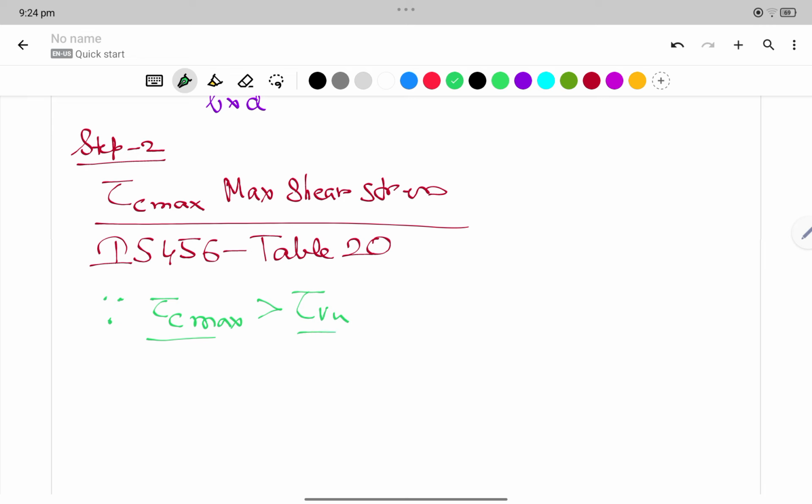If this happens, then there will be no diagonal compressive failure.